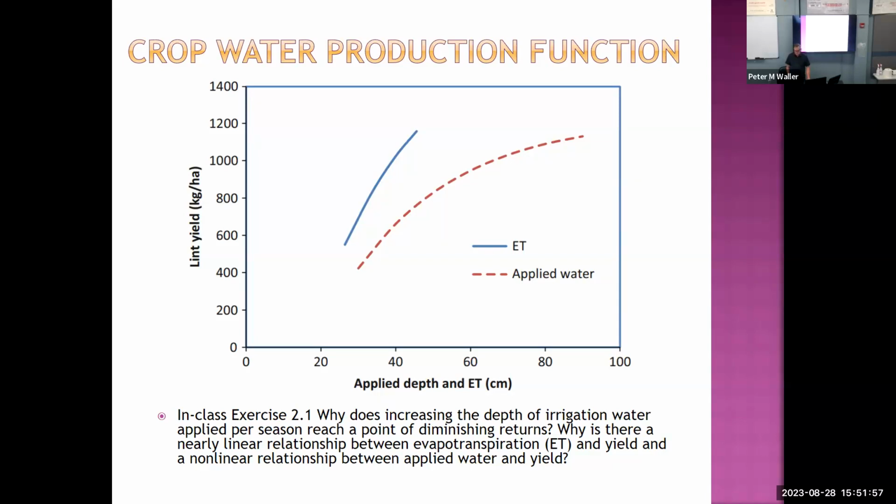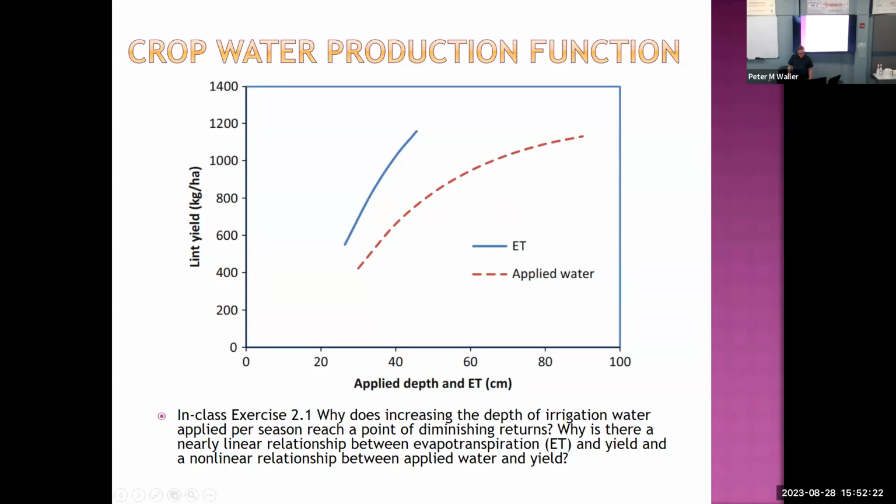So, you know, the line is curved over. So you're applying more water, but you're not necessarily getting a whole lot more yield. And why is there a nearly linear relationship between evapotranspiration, which is ET, and yield, and a non-linear relationship between applied water and yield? So go ahead and get in your groups and you can discuss that.